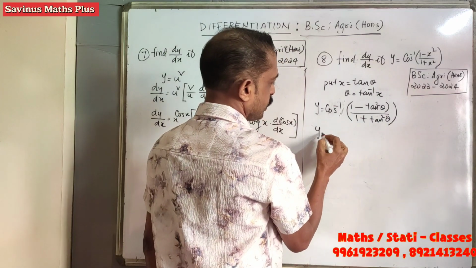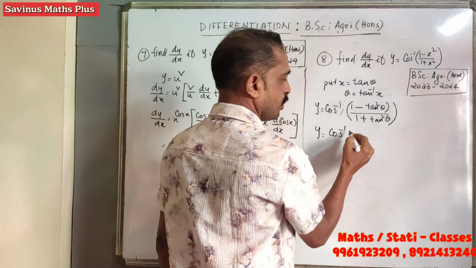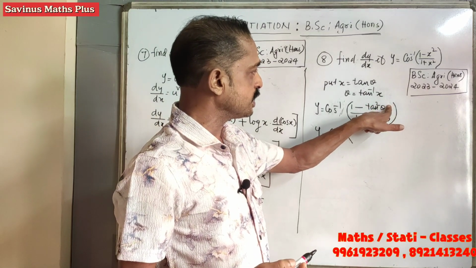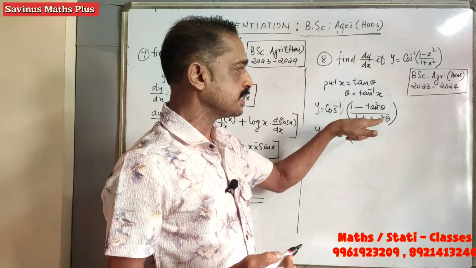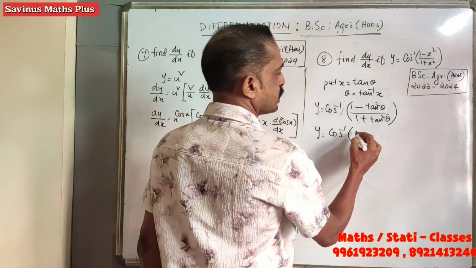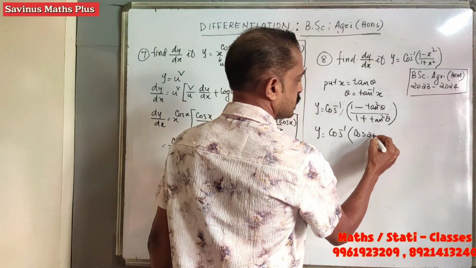So y equal to cos inverse of, we know from trigonometry, 1 minus tan square theta divided by 1 plus tan square theta is cos 2 theta.